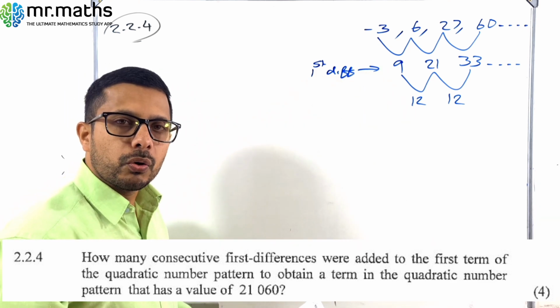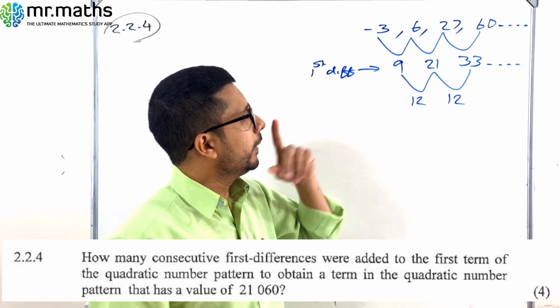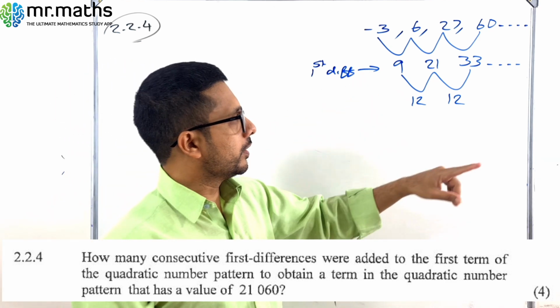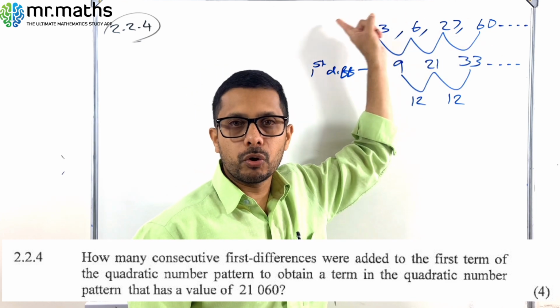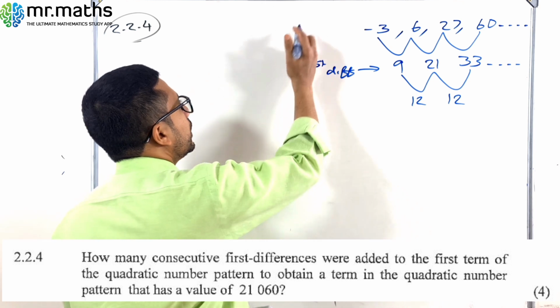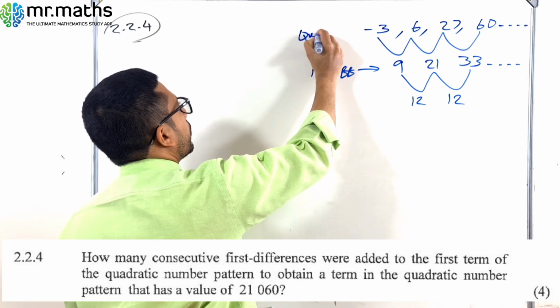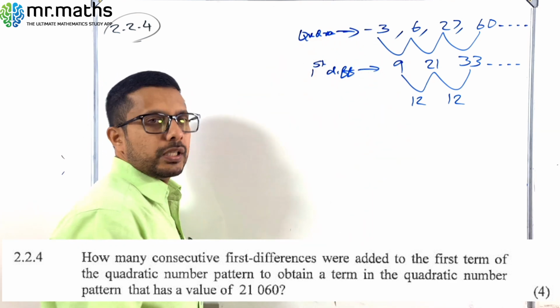So how many consecutive first differences were added? So for example, what I mean is, to get this 27, this is the quadratic sequence. Am I right? Excuse me, this one is the quadratic sequence.